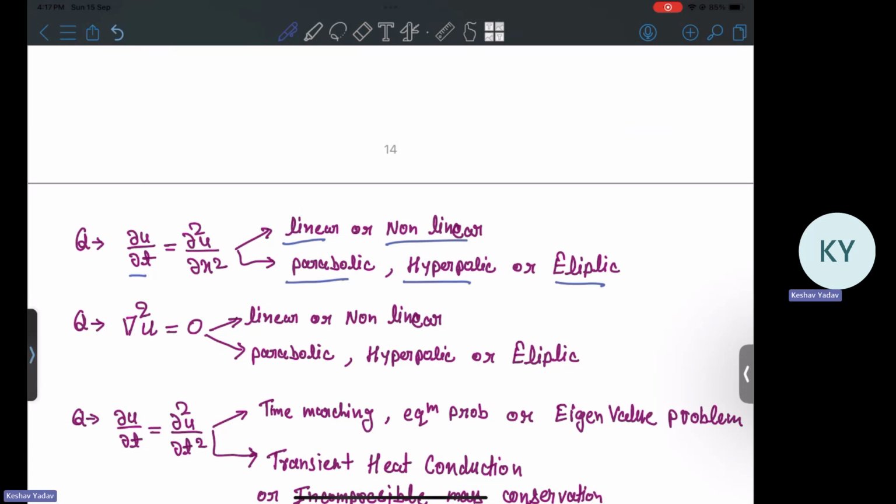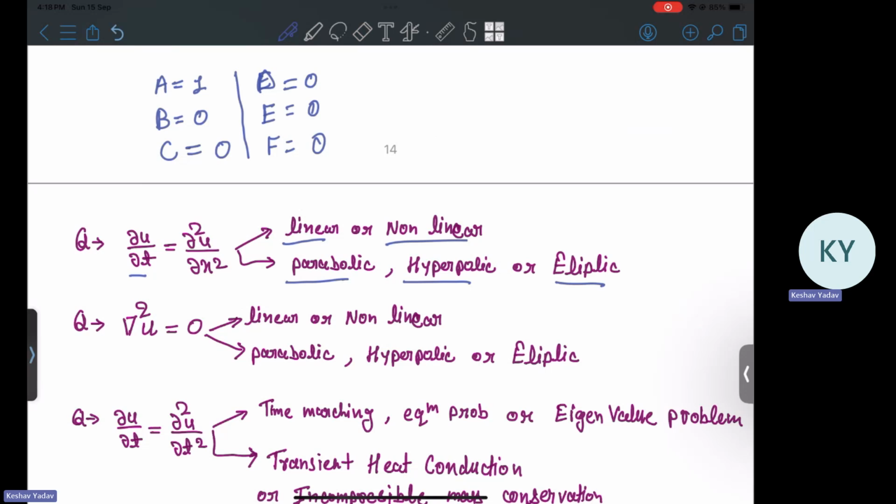By seeing here, you can say that A is 1, B is 0, C is 0. And the other terms D, E, F are also 0.